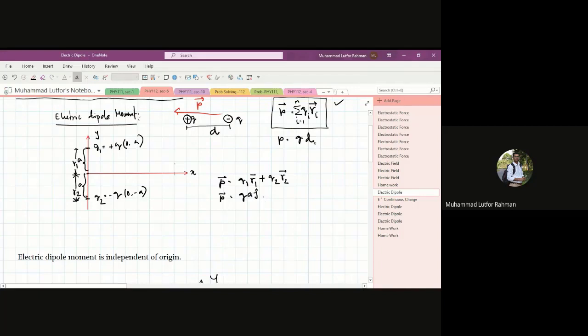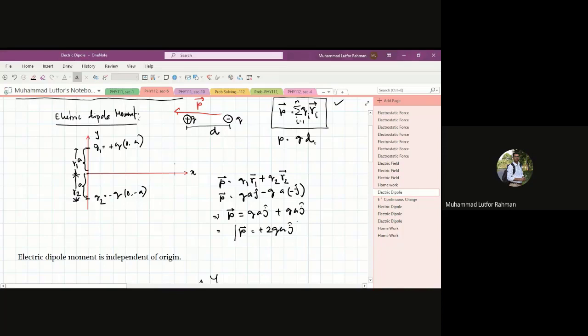Now the polarity of the charge Q2 is minus, so Q2 is minus Q into A, and this A is towards the negative y direction. That's why I use the unit vector minus j hat. Now I can write the electric dipole moment as QA j hat plus QA j hat, which gives P equal to twice QA j hat.